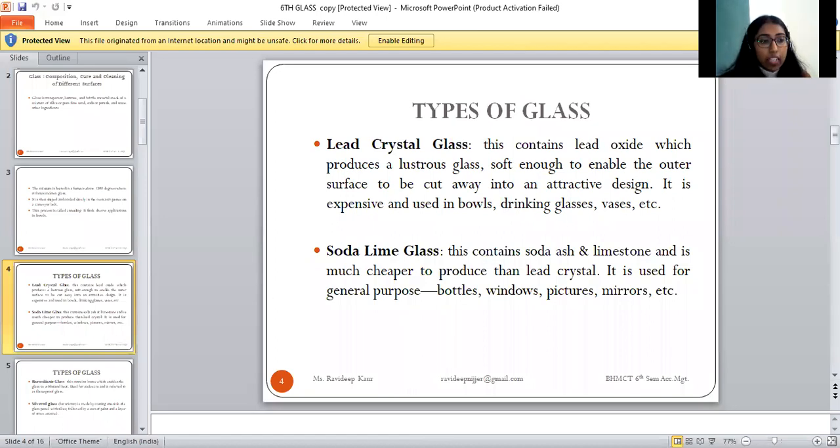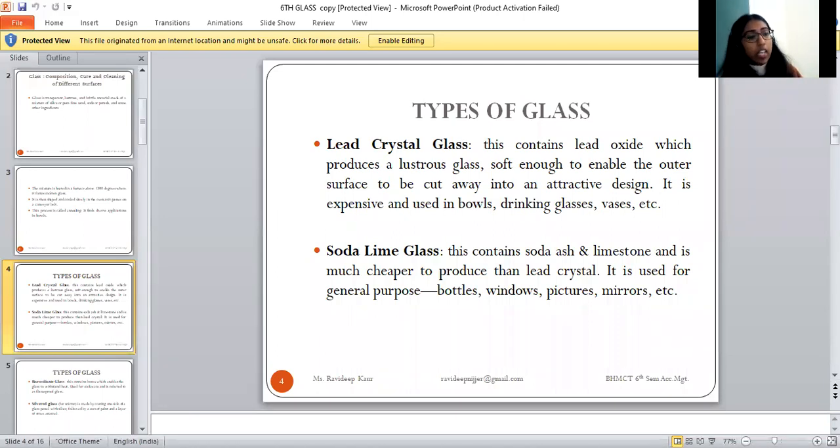So lead crystal glass contains lead oxide and produces a lustrous glass. It is soft enough, which is helpful because it can be molded easily into different shapes, giving attractive designs.